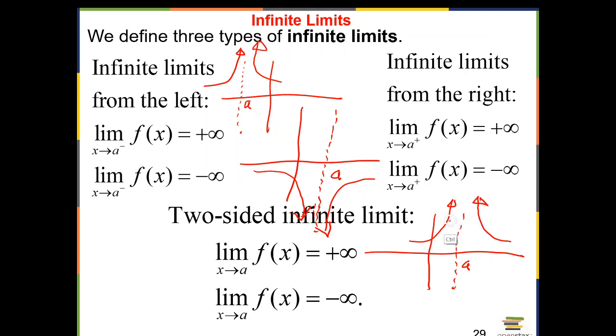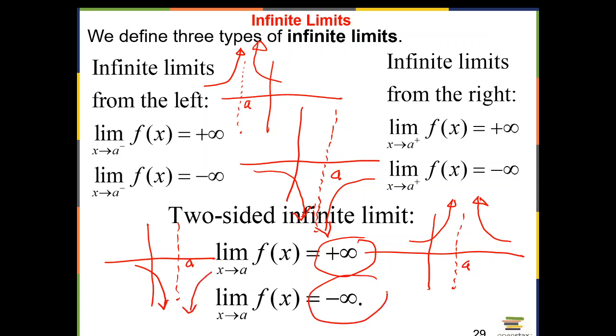If that's the case, then we write that the limit is positive infinity. Also, if the limit from the left and the right is negative infinity, like this, then we write the limit is negative infinity. Now, again, this doesn't mean that the limit exists. It just means it goes to infinity. Okay?